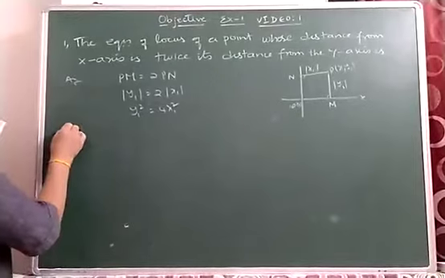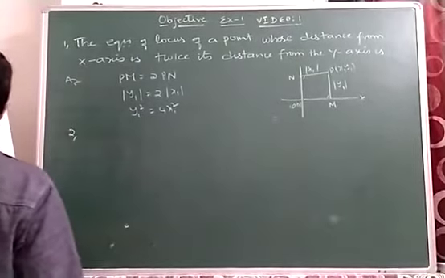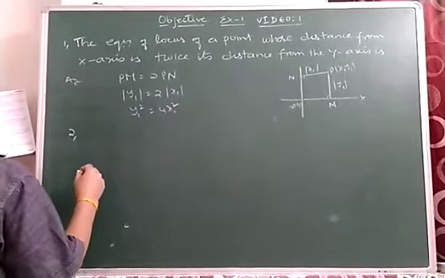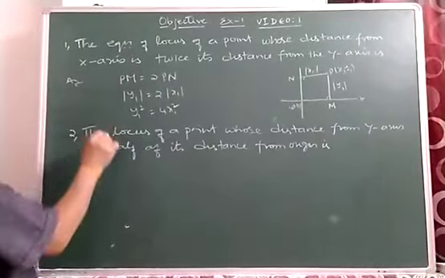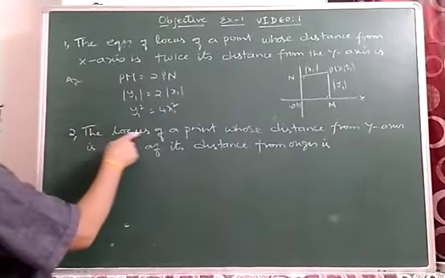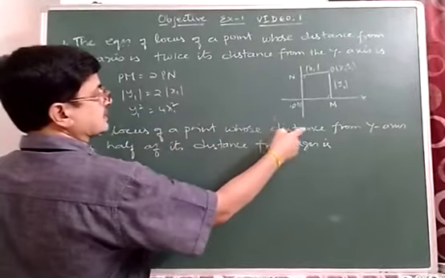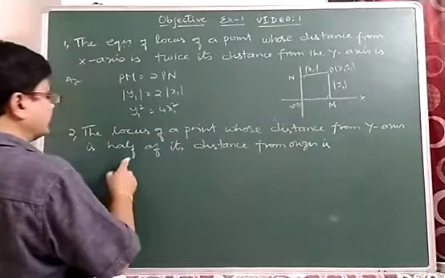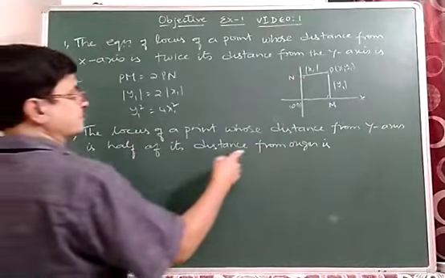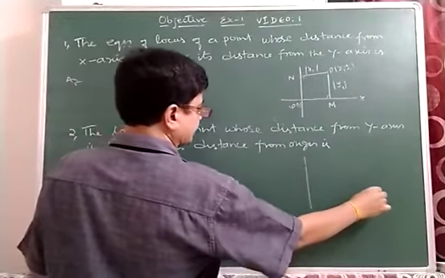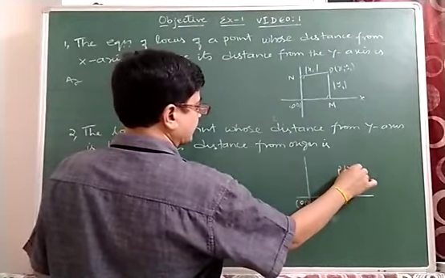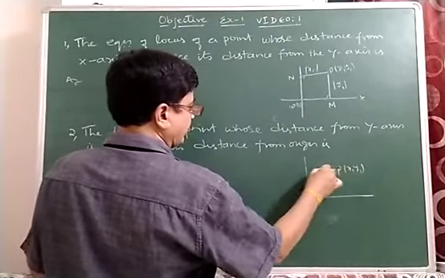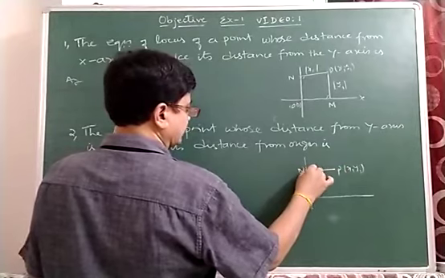Next, question number 2. The locus of a point whose distance from y-axis is half of its distance from origin. That means if we take a coordinate axis, this is O, this is a point P(x1, y1). Draw PN perpendicular to the y-axis.